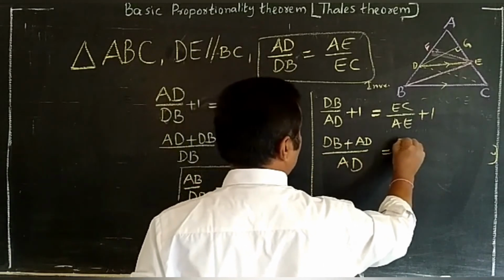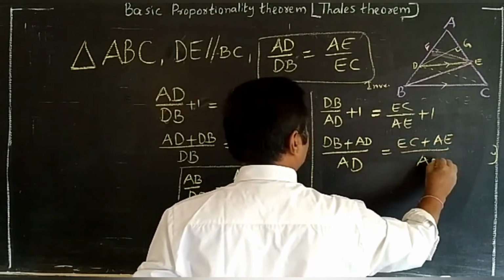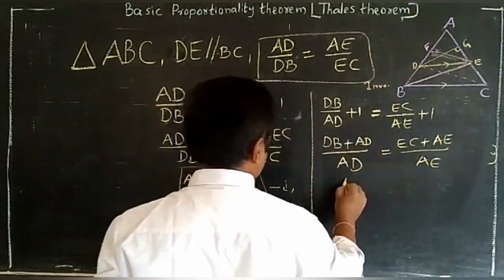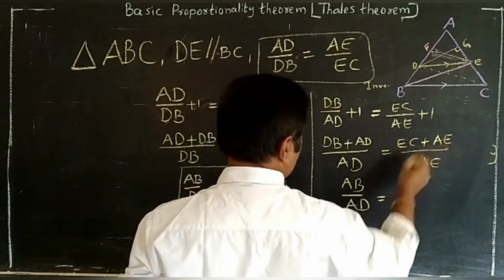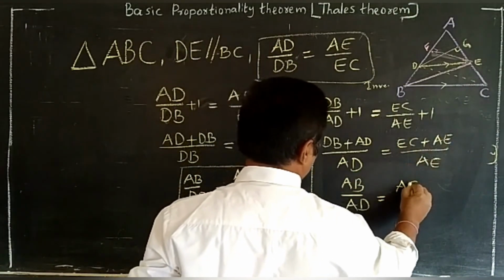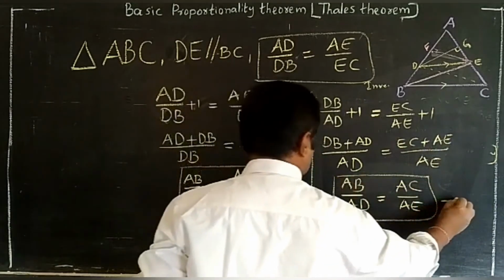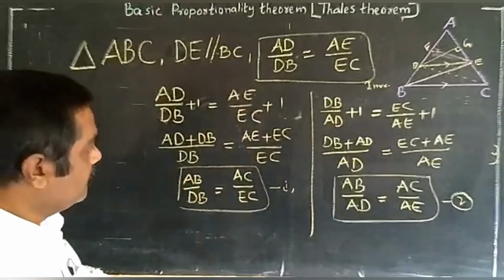The same way EC plus AE by AE. To add these two parts, we get AB by AD is equal to AC by AE. This is the second auxiliary formula. So you remember these auxiliary formulas.